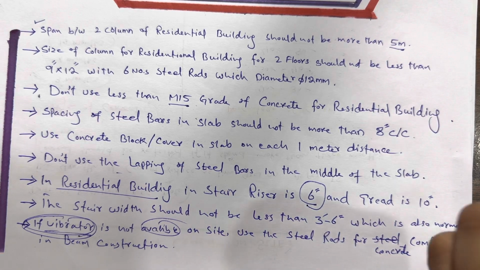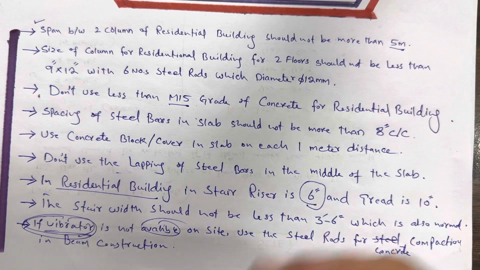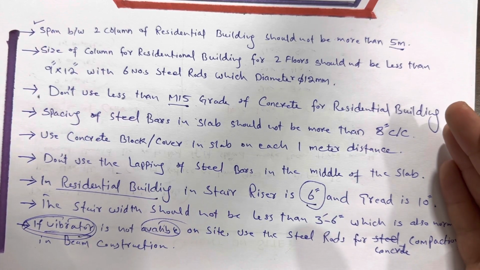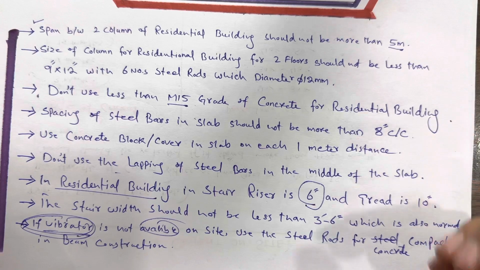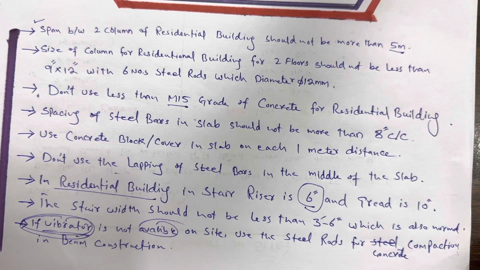So steel rod is very important to use inside the beam. That's why, because after removal of the shuttering, it will make honeycombing. So therefore to reduce the honeycombing and for proper compaction, you should use the steel rods or any other kind of wood to put the concrete into the proper places.